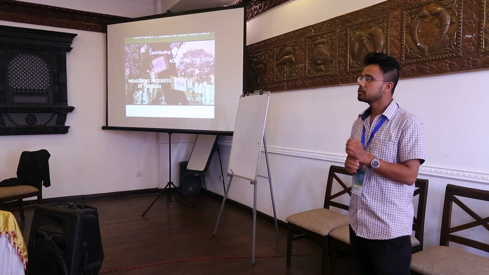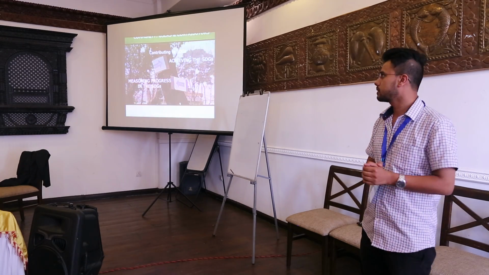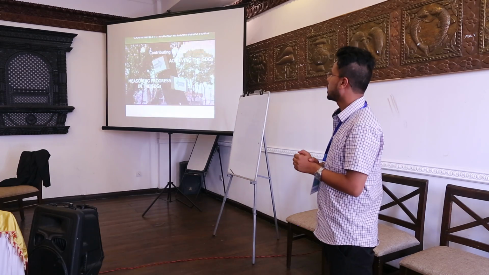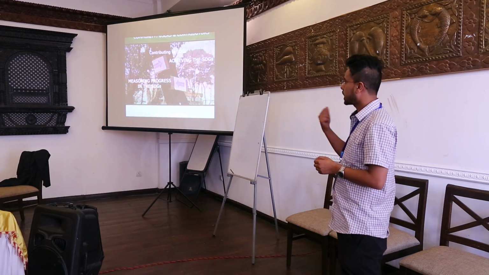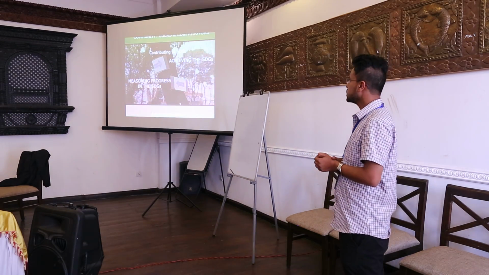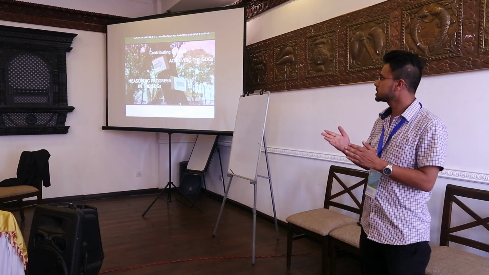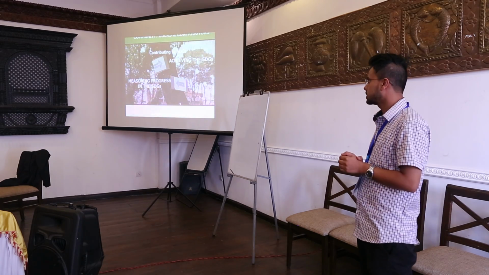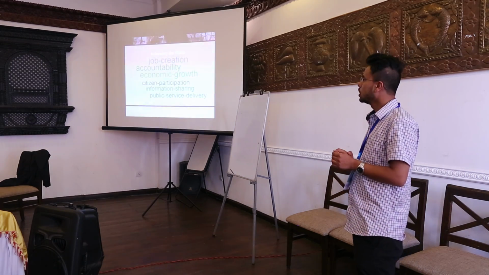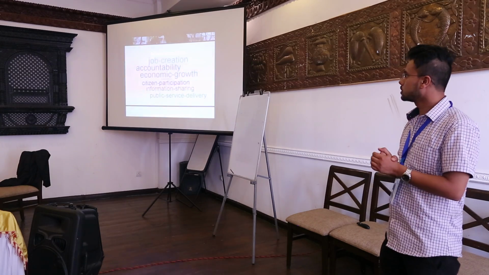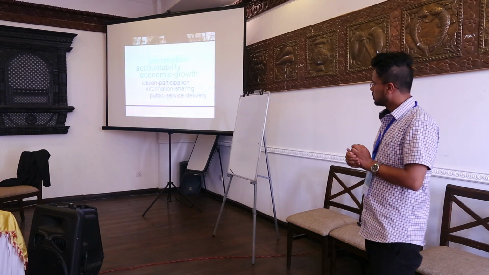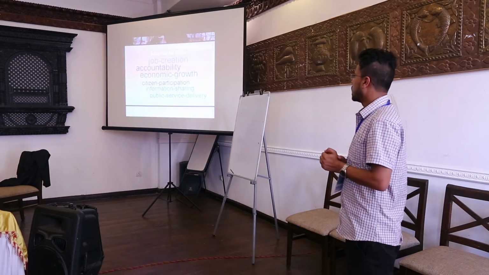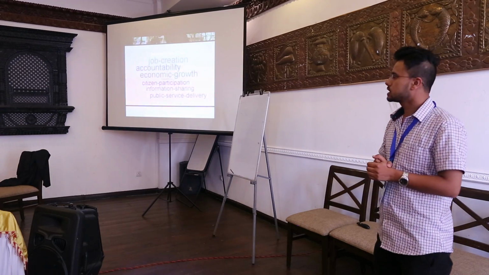Now, how can open mapping infrastructure contribute to sustainable development? There are two ways by which it can contribute. One is to achieve the sustainable development goals, and the next is to measure progress in them. In achieving the goals, open map infrastructure can help in job creation and economic growth.